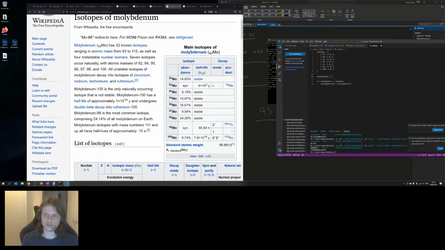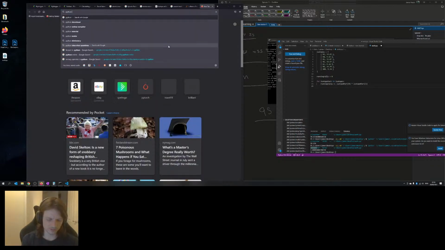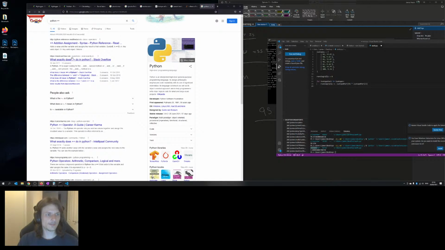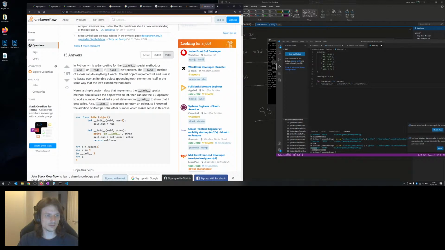Running tally equals 0. Running tally plus equals. Can you do plus equals? I don't think you can. Maybe you can. Internal add. Okay, cool. Fair enough.